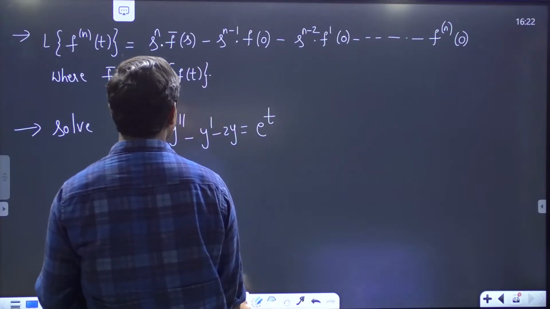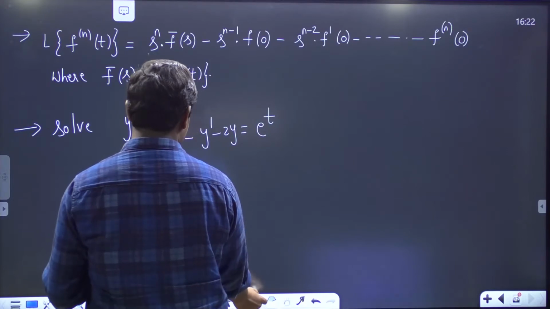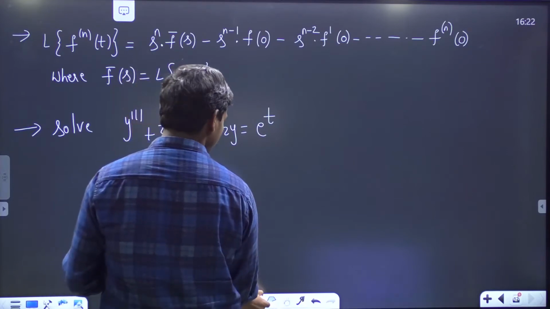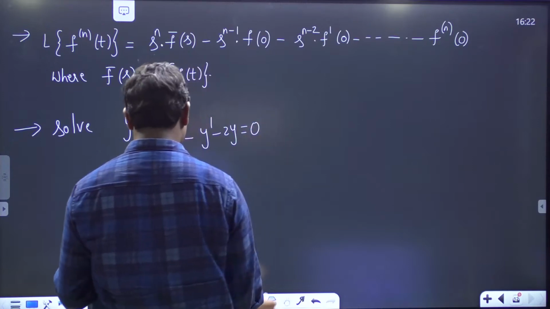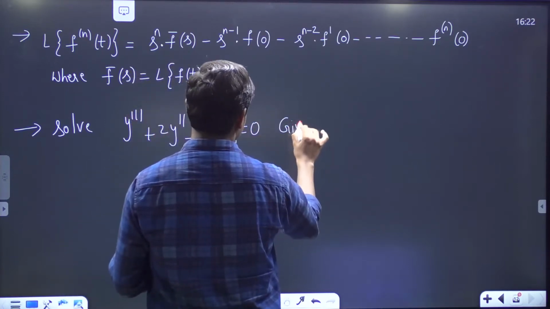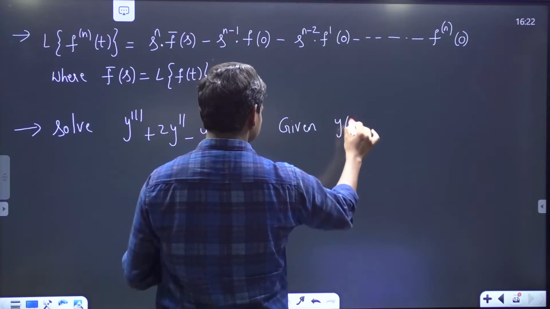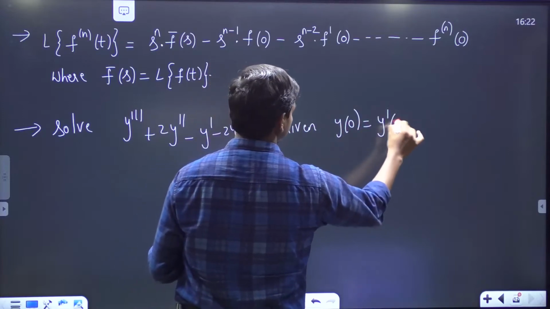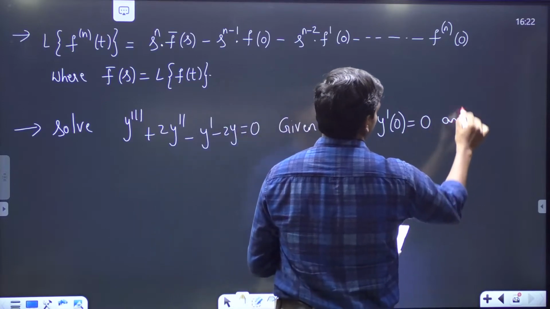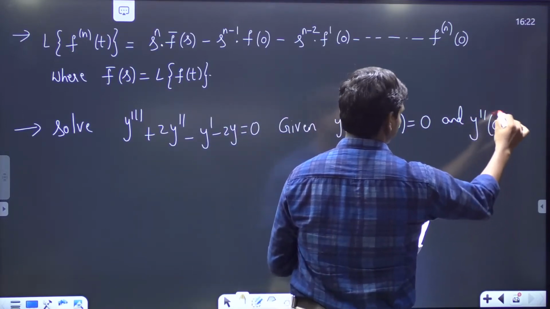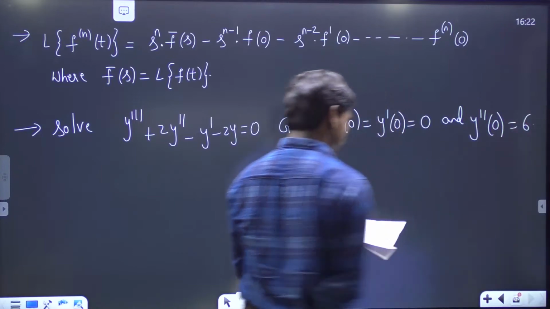No, this is equal to 0 actually. Given y of 0 is equal to y dash of 0 is equal to 0, and y double dash of 0 is equal to 6. These are the conditions we have.